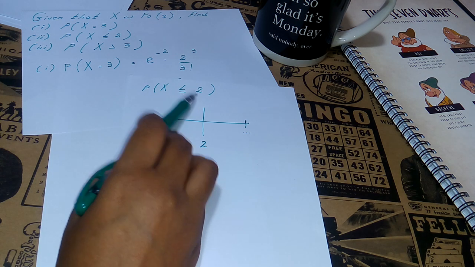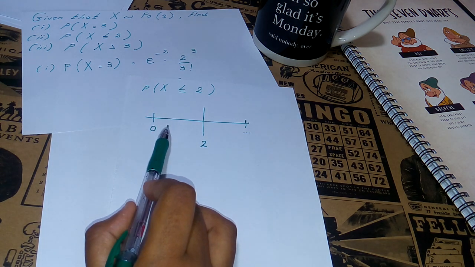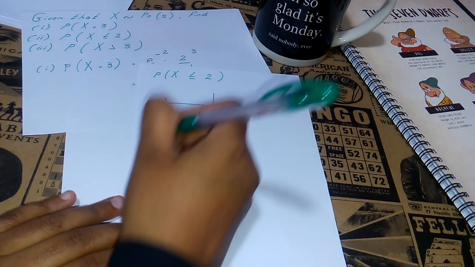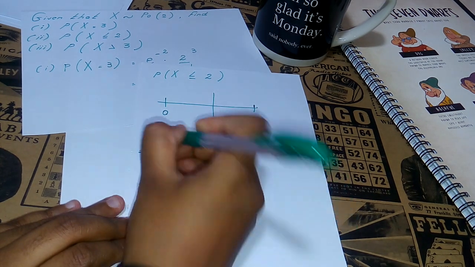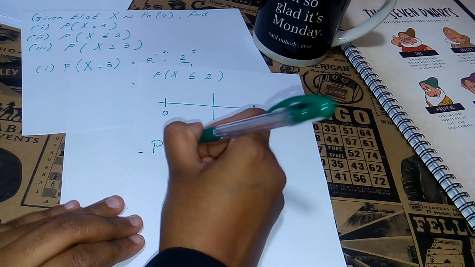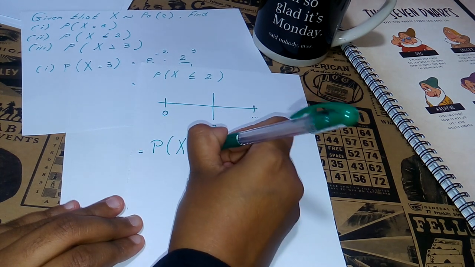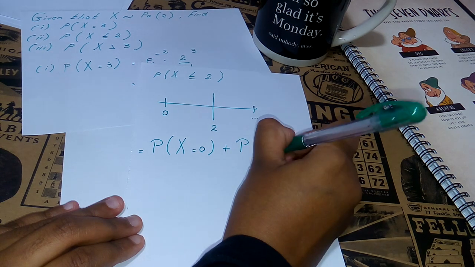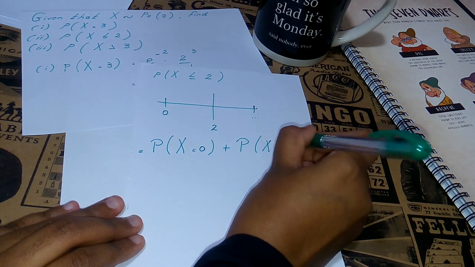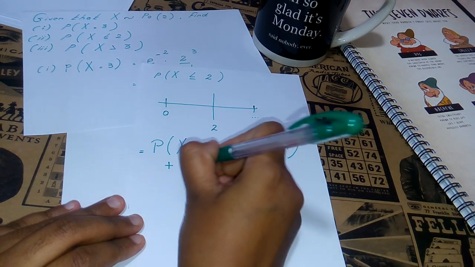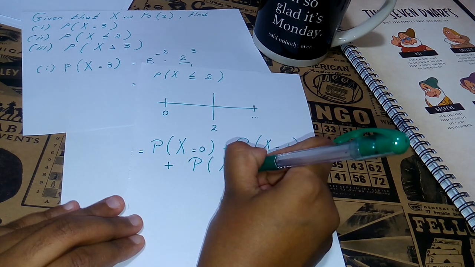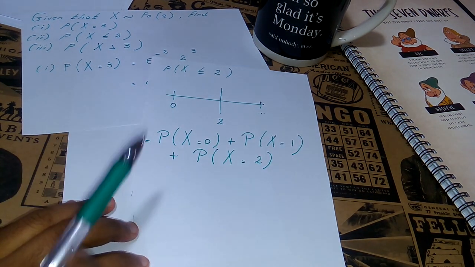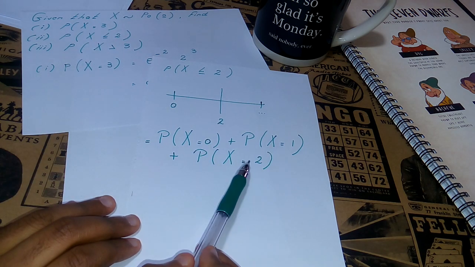So the values are 0, 1, 2. The probability will include the probability of X equal to 0 plus the probability of X equal to 1 plus the probability of X equal to 2. Now we need to calculate probabilities for each value of X.